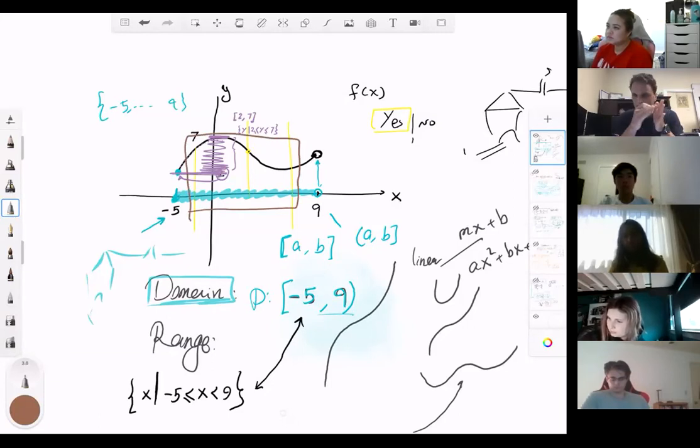So by the end of the year, when you see a graph, you should be able to analyze what's happening on the closed interval. Like, what is the y-intercept? What's the domain? Is the function increasing, decreasing? That's what we're going to learn.